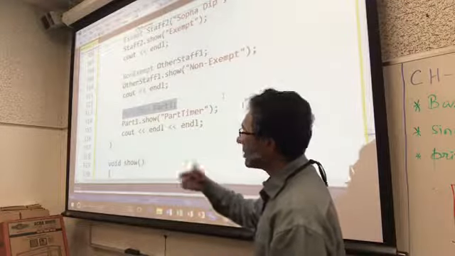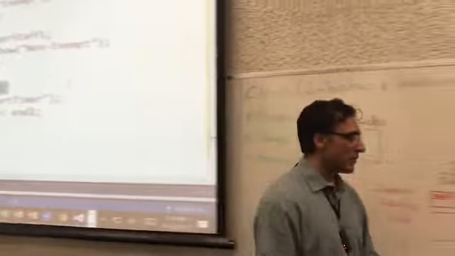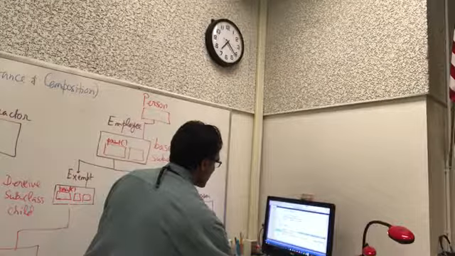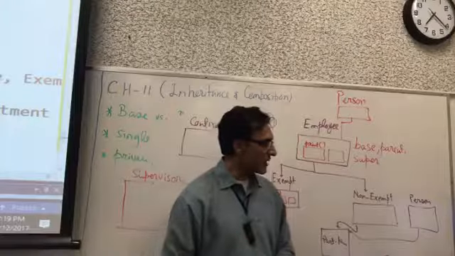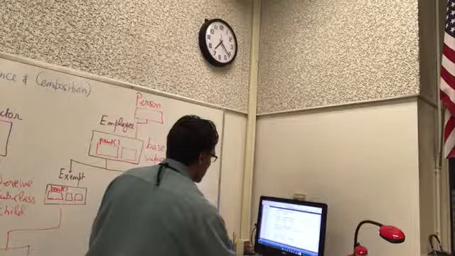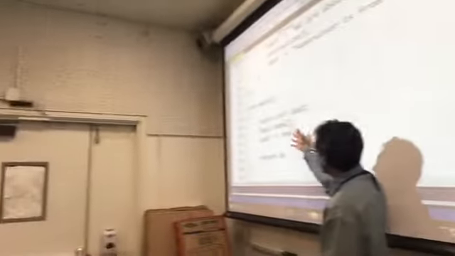So that's why I don't need to create a separate instance of contractor type or person type. Then I have a show, and in my show, all I'm saying is I'm going to initialize it, and initialize will do the trick. Initialize has everything.